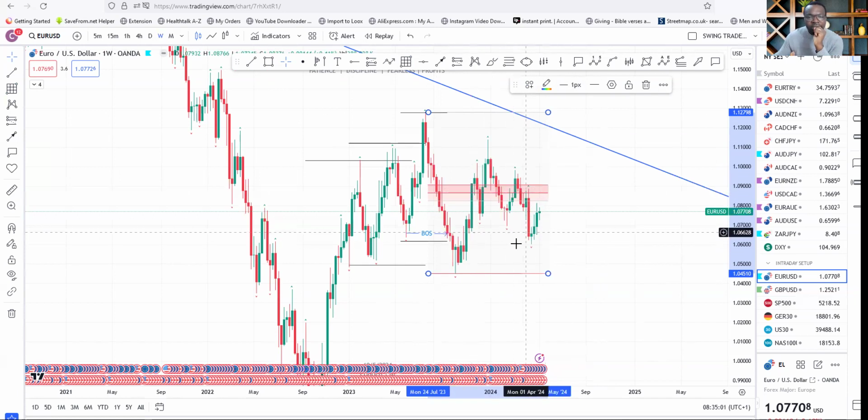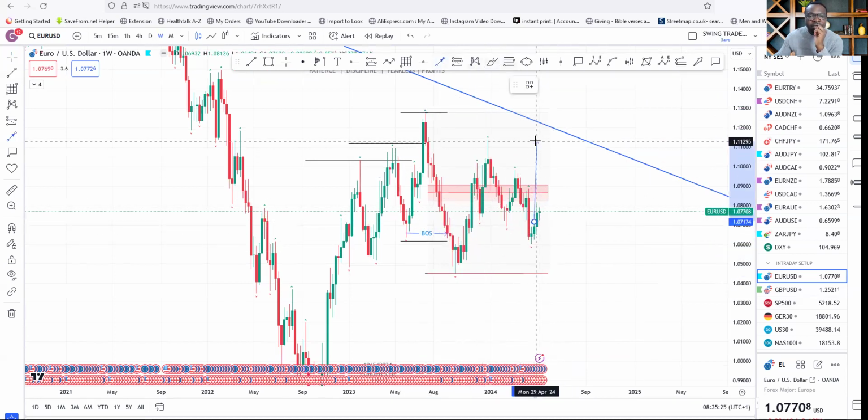It means that at this key level, price is retracing back up, and we should be expecting more retracement to the upside, except the structure is broken. So for me, I can tell that where we are now is not a sell zone. We want price to come up here to give us the opportunity to sell at this level, and then we'll know that we're looking for price to go down.